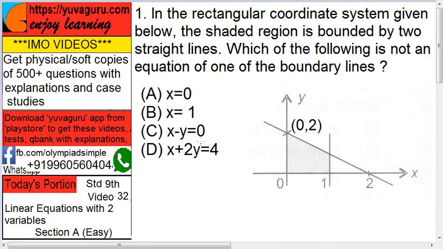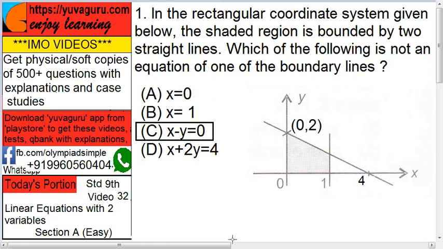Now put y equals to 0, we get x equals to 4. This point and this point, if you join these 2 points, you get this line. So it also covers this area. So what can we say is only x minus y does not satisfy. So the answer is C.